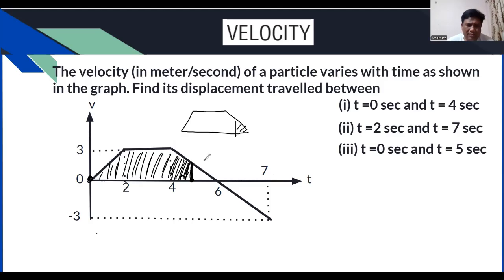Otherwise, you should know the coordinate of this point also, na? You can calculate even this point's coordinate also. Now you see this triangle, the bigger triangle and the smaller triangle, they are similar. So from that we can easily find out that coordinate.